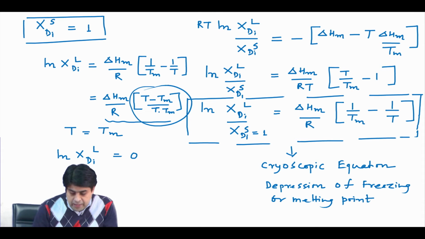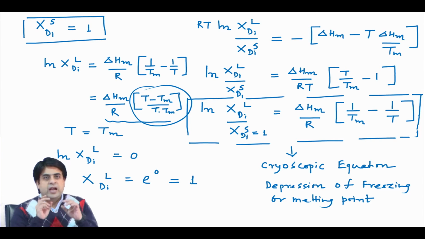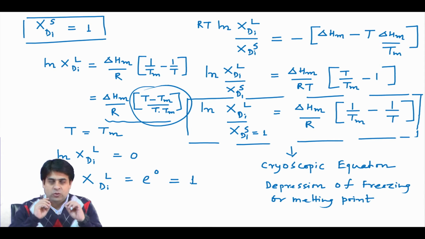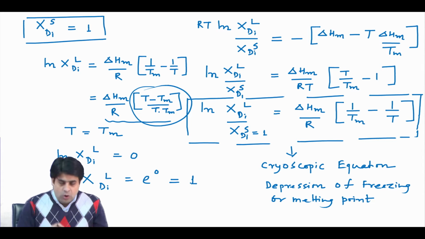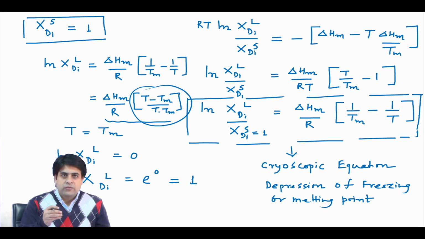And we can rewrite it as x diopside in liquid equal to e to the power 0, that is equal to 1. So, it means that when we have a pure diopside solid phase, and the melting temperature is equal to the equilibrium temperature of an impure phase, then all the diopside in the liquid will also be equal to 1.